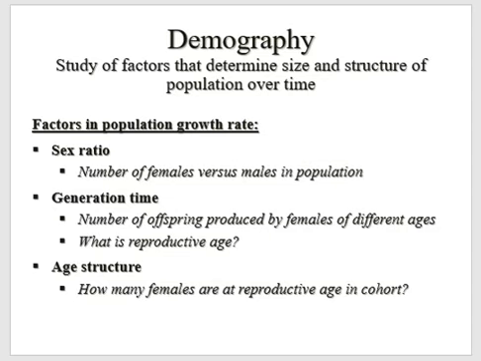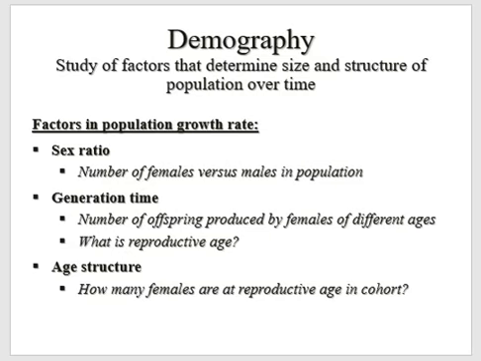So this goes back to, all right, so what's the number of offspring a female can produce at a certain age, and how much time exists in between each generation, right? So how long is it before you have the second generation or the third generation of offspring occur?